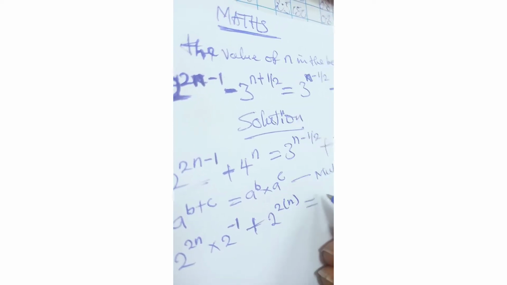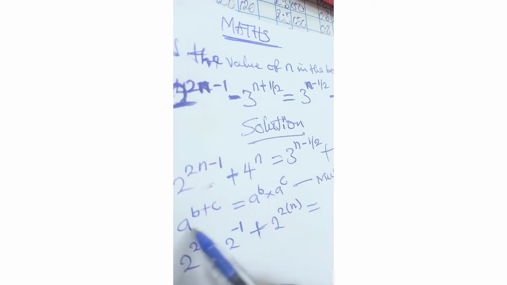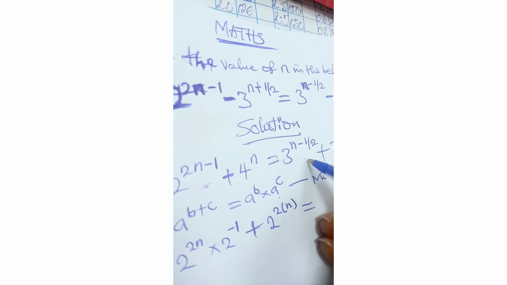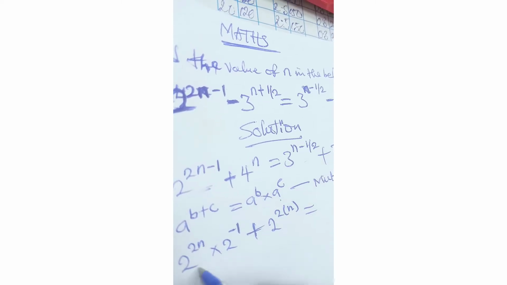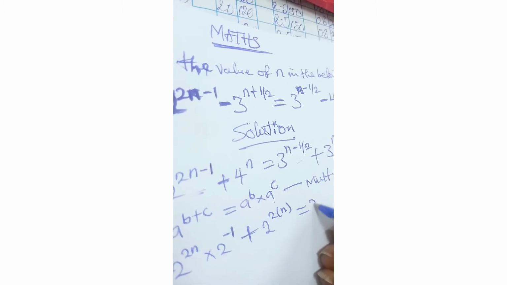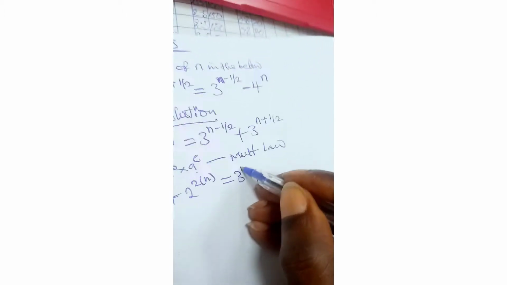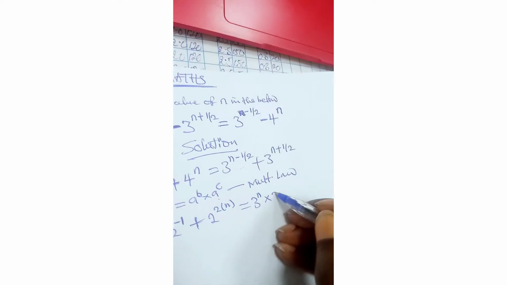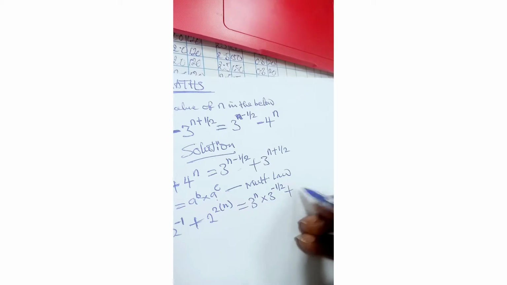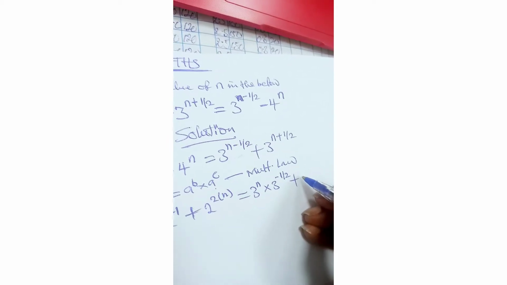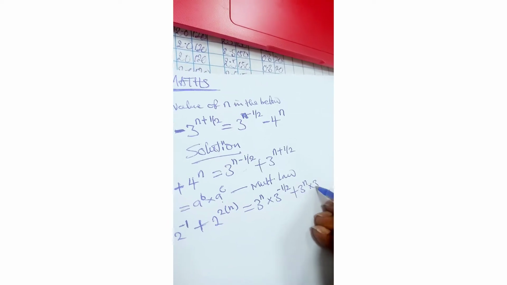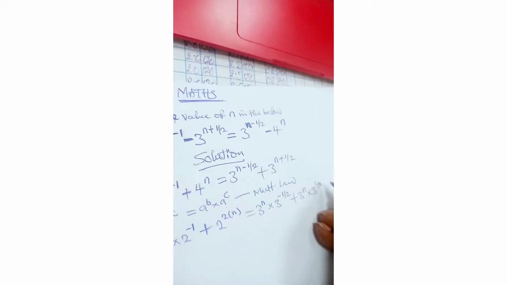The same rule we used here, we can use here as well. Then we are going to have 3 raised to power n times 3 raised to power minus 1 over 2, plus 3 raised to power n times 3 raised to power 1 over 2.